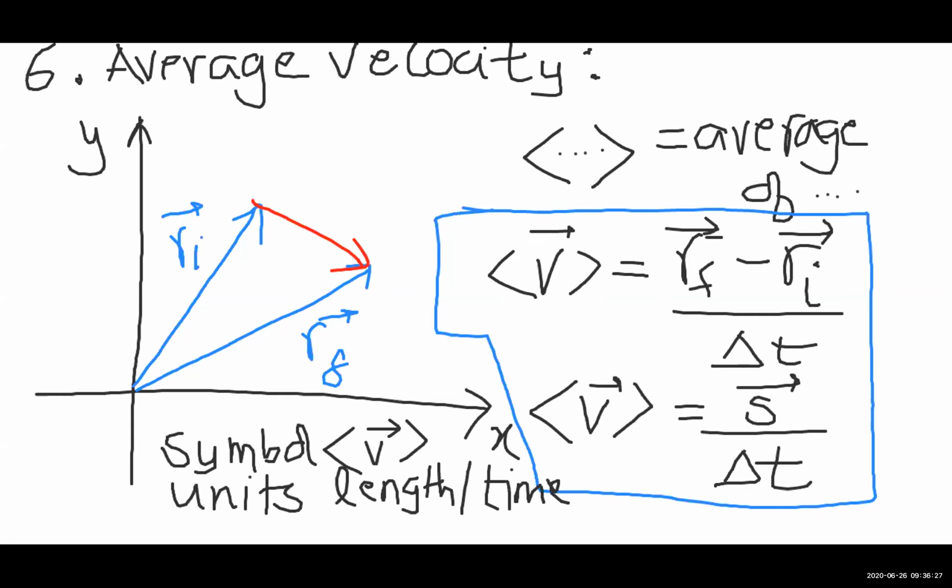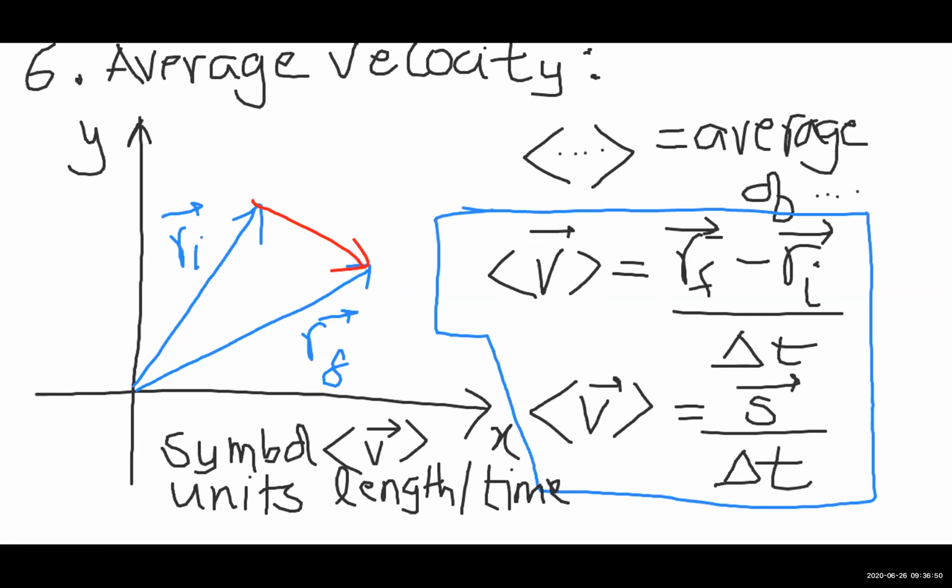Average velocity is displacement upon time. Displacement is a vector drawn from the initial position to the final position. So basically, average velocity is nothing but the displacement vector multiplied by a scalar.